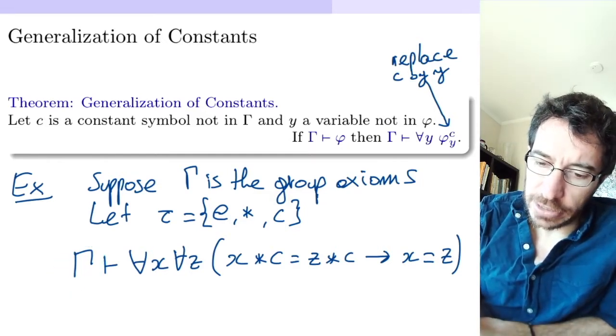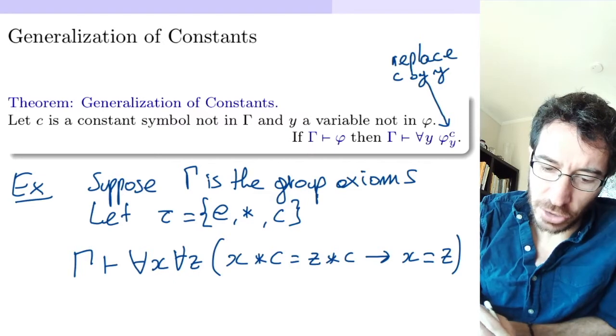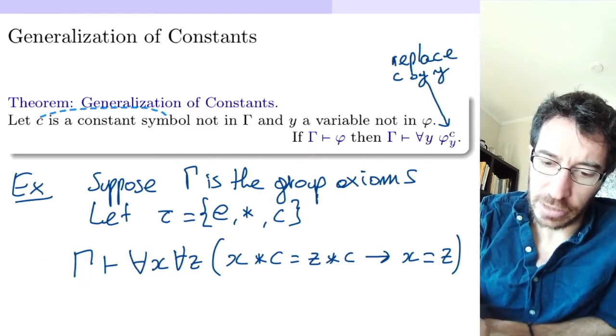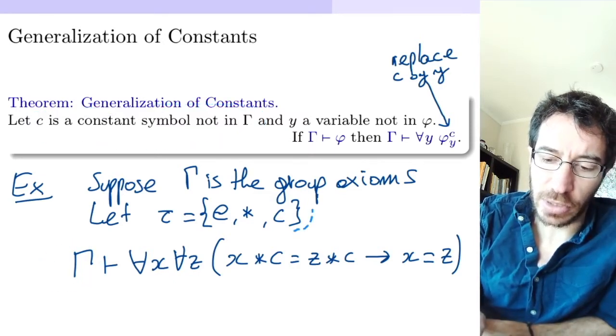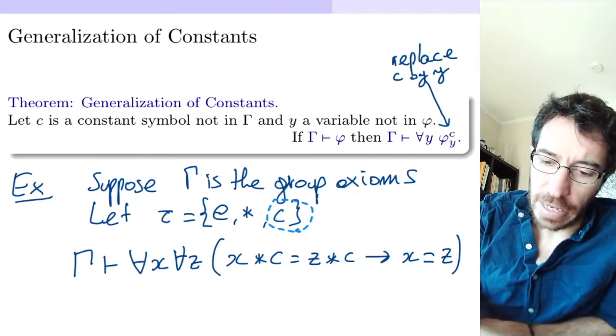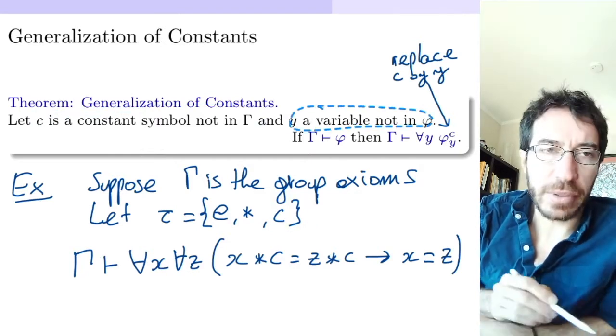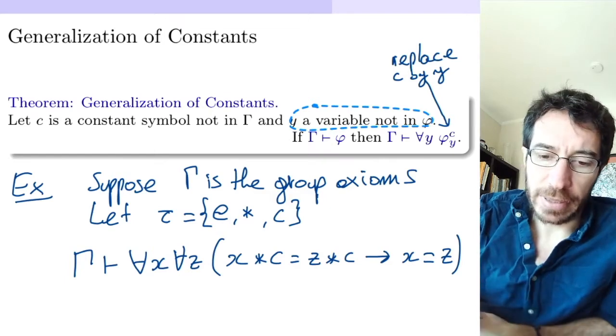What I notice here is that the constant c does not show up in the group axioms. The group axioms don't talk about this constant c, just a new one that we came up with. And the variable y does not show up in phi. So we can apply the theorem.